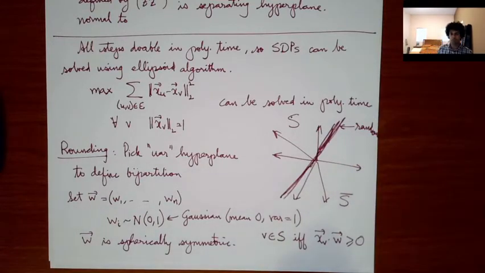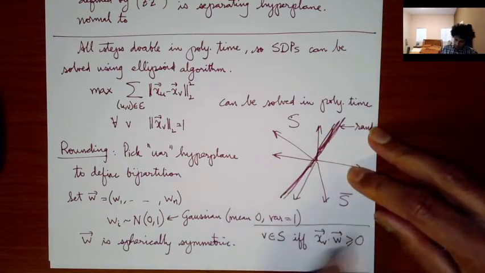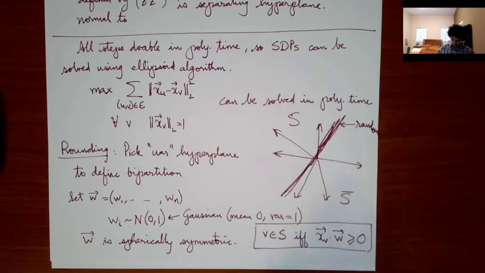This is the rounding. I need to get a set, right? That's how I get my set. So I just pick a random vector, and if the dot product is positive, then I say it's in the set, otherwise it's outside the set. That's the rounding. Does that answer your question?